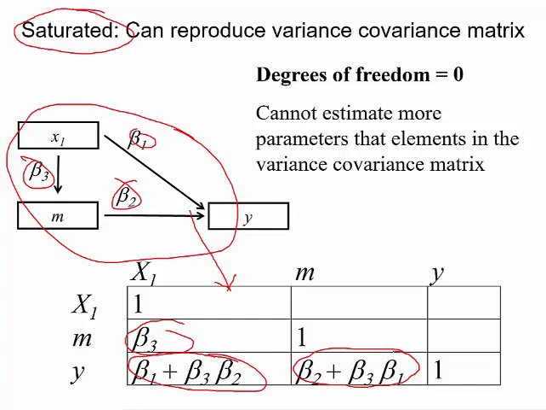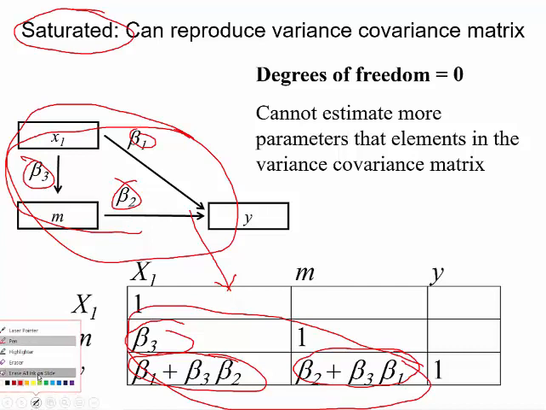So when I have a saturated model, with 0 degrees of freedom, that is, the same number of things in my variance-covariance matrix as parameters that I'm estimating, I can perfectly reproduce my variance-covariance matrix from my model.